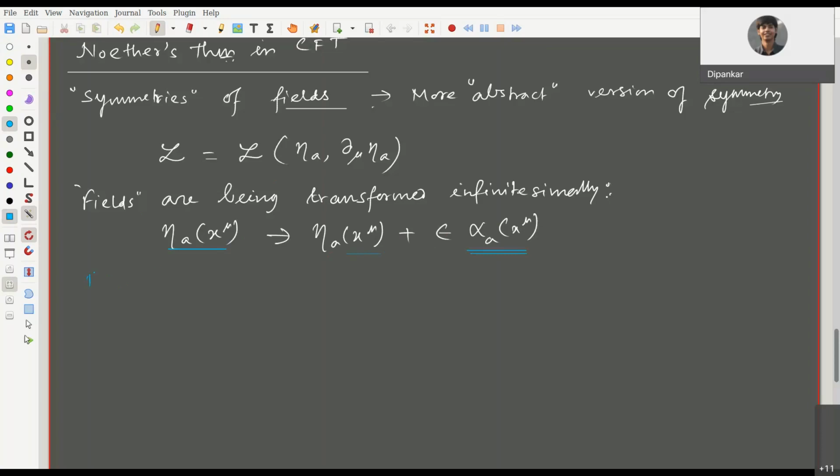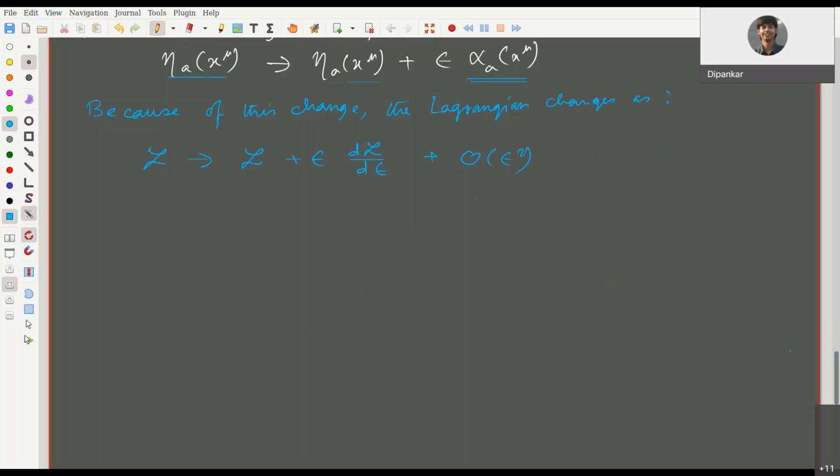Because of this change, the Lagrangian transforms as L into L plus epsilon times dL/d epsilon, just a Taylor series, up to first order, plus order epsilon squared.